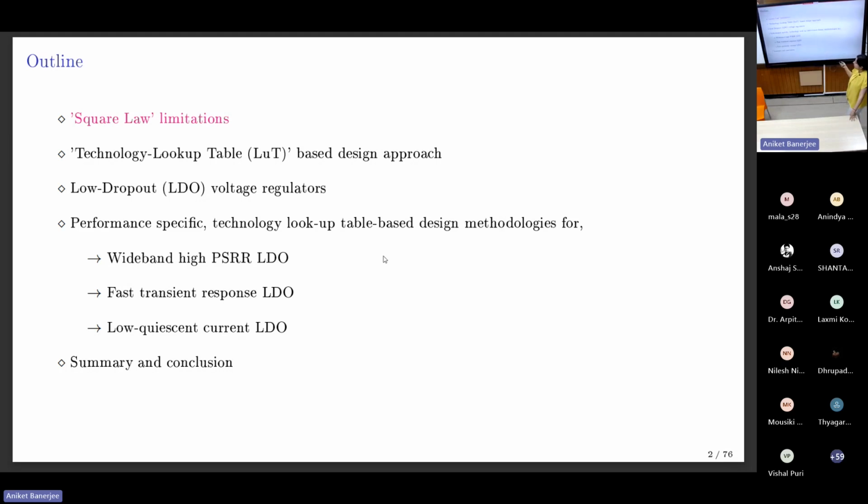Then an overview of low dropout voltage regulators to enable the use of this approach in low dropout regulators. And then we cover the design space for LDOs, going from wideband high PSRR LDO, fast transient LDO, to low quiescent current LDO.